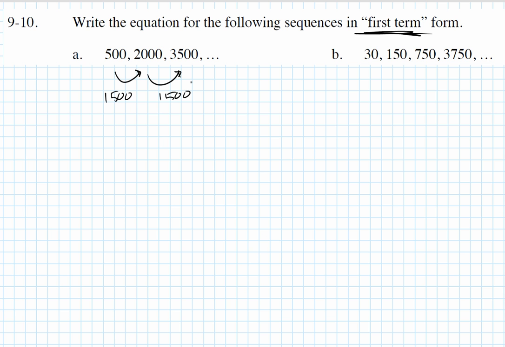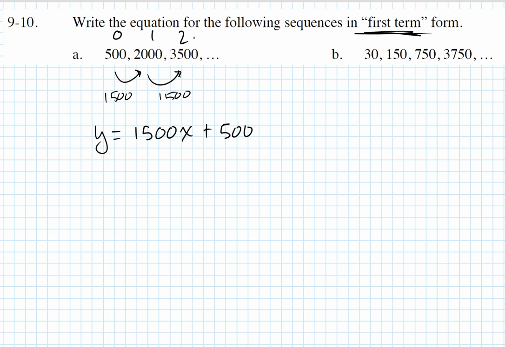So if I was to write this as an equation, it would be y equals 1,500 times x, and then plus my initial value, 500. So that's the equation that models that. And you can see if x is 0, 1, or 2, it's producing the correct values.